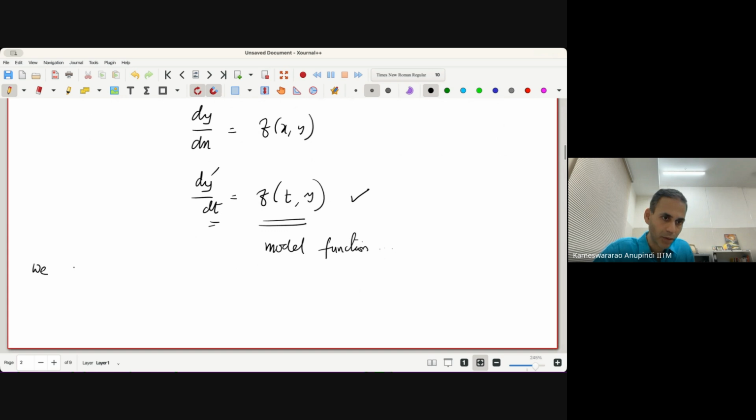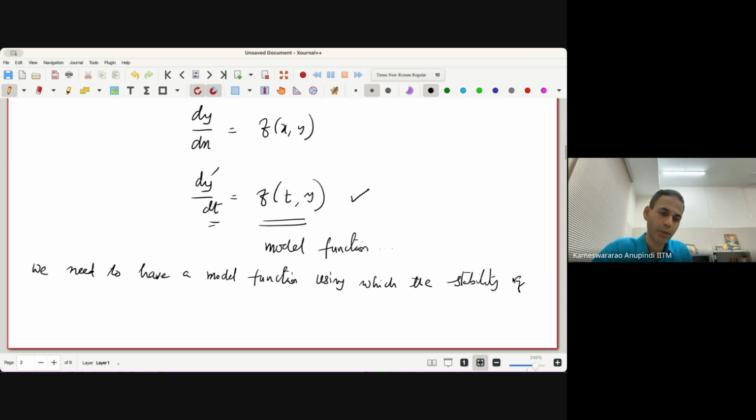So we need to have a model function using which the stability of the scheme can be decided.